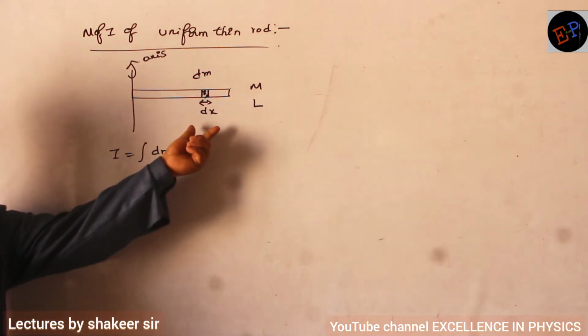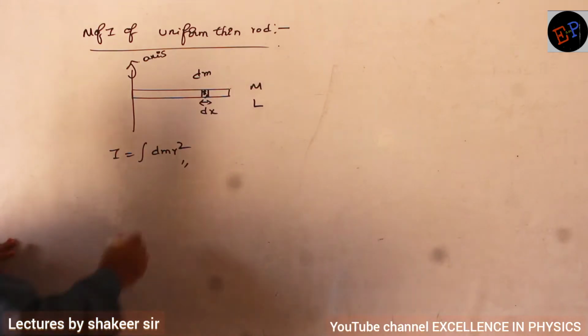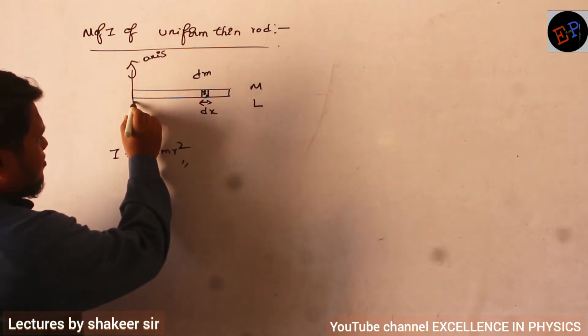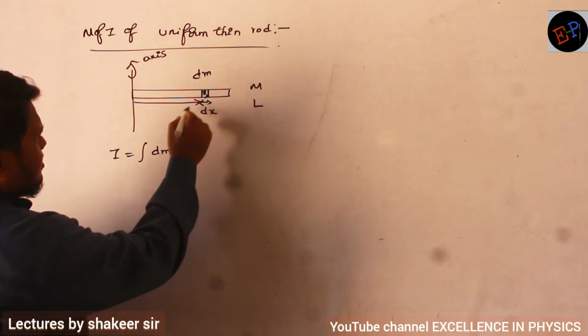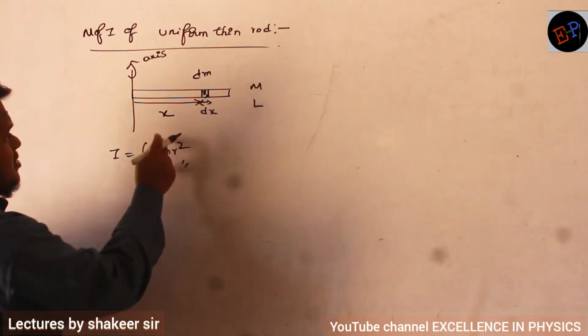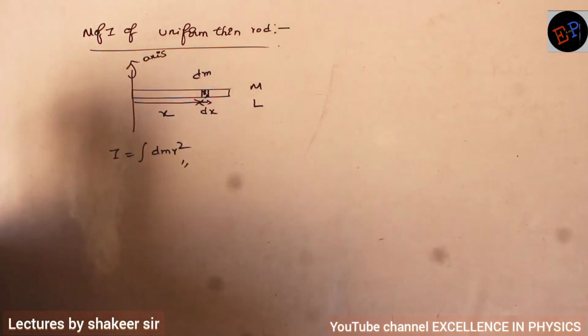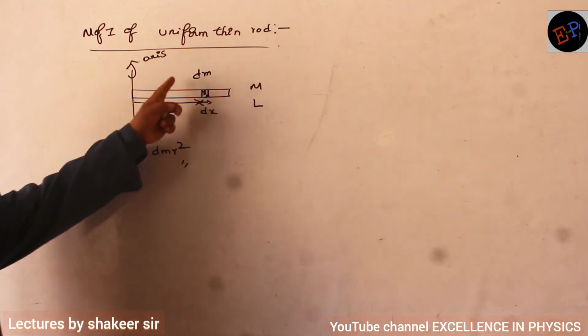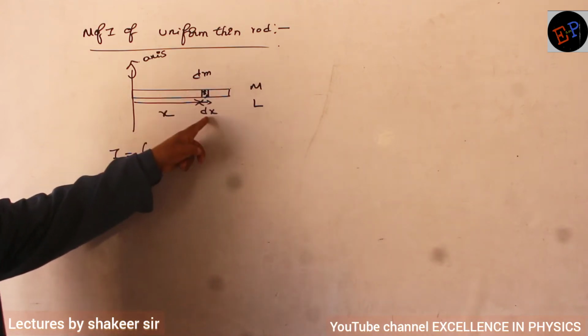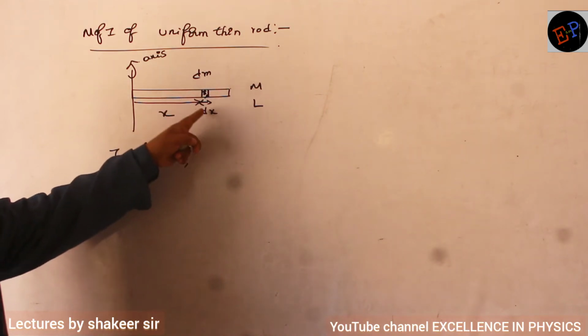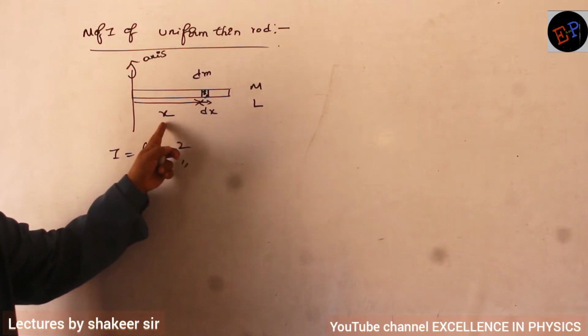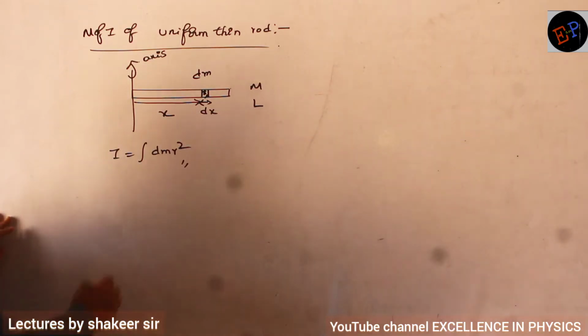Okay, ma? Small length is dx. And this dx is present at how much distance? It is present at a perpendicular distance of x from the axis of rotation. The mass of this small element is dm, its length is dx, and it is present at a distance of x. Therefore what is the moment of inertia?